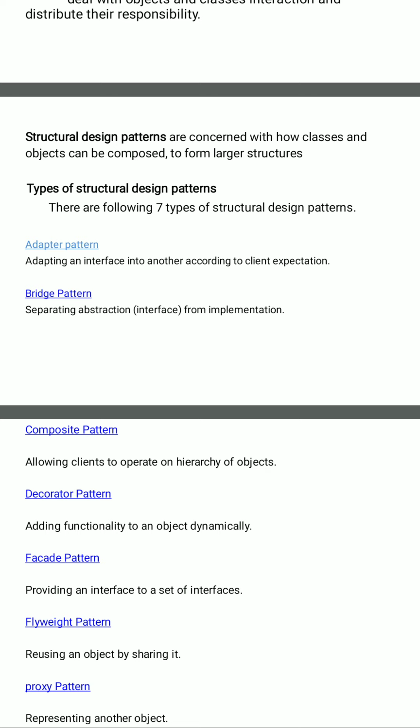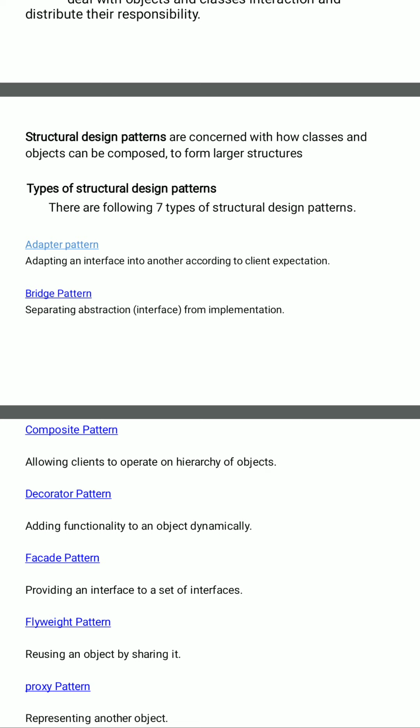And bridge pattern: separating abstraction from the implementation. This means decoupling the functional abstraction from the implementation so that the two can vary independently. When you separate the abstraction from the implementation, we can add features independently, and it can grow.